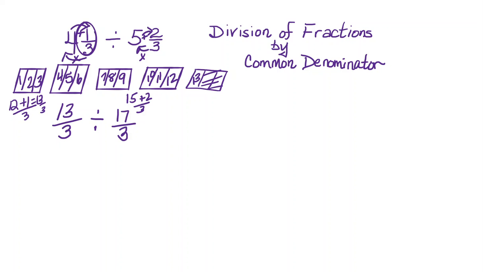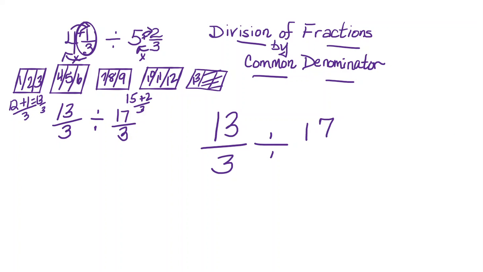And this is kind of a nice problem to start learning how to do division of fractions by common denominator, because we already have a common denominator. So that's kind of nice. So the great thing about this, in addition to the fact you're going to love it, is that it's just like multiplication.